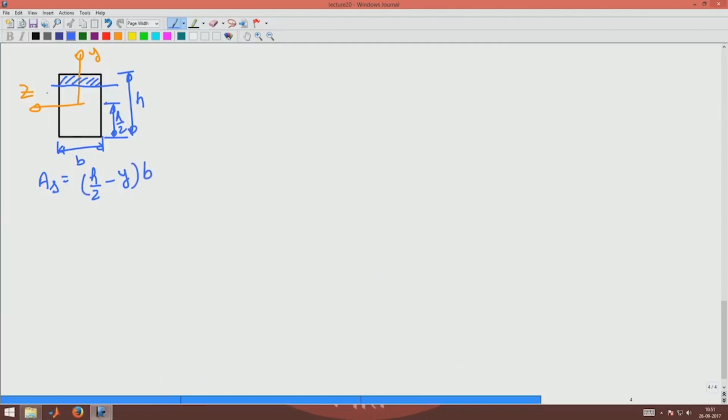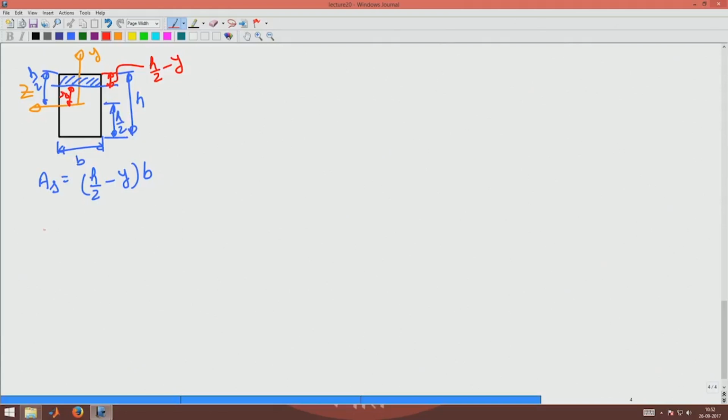Where this distance is h by 2 and this distance is y, hence this distance would be h by 2 minus y, times the width of the cross section, gives us the area of the shaded region.